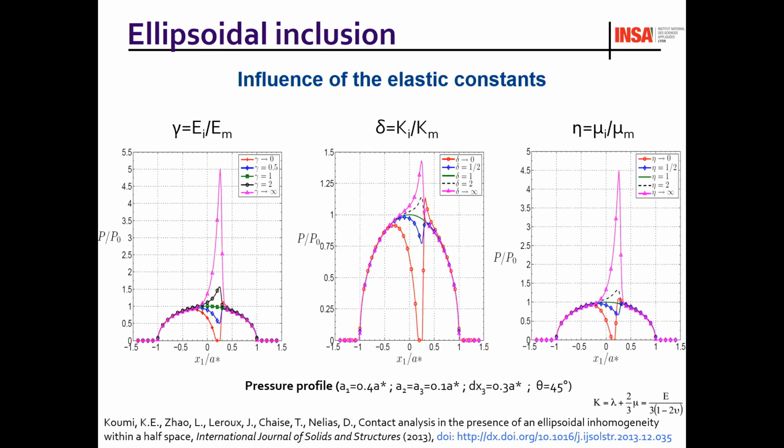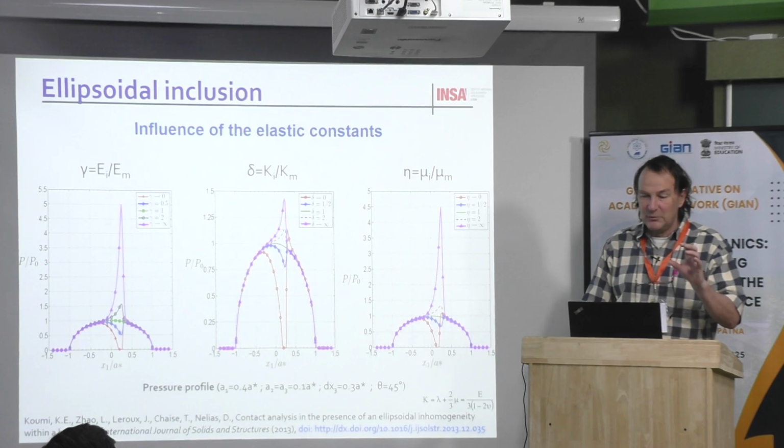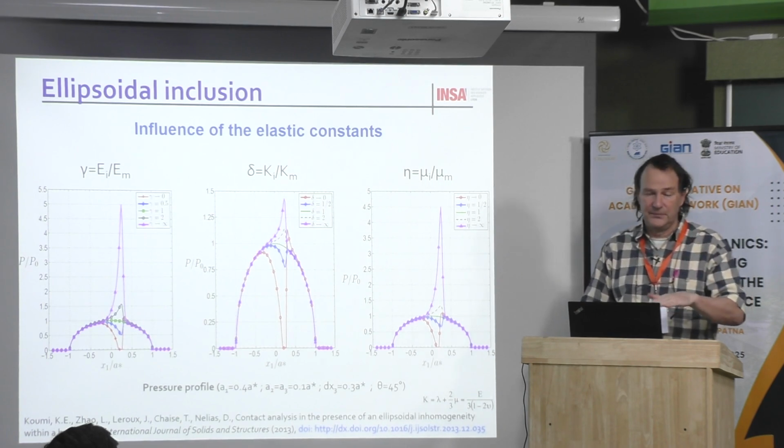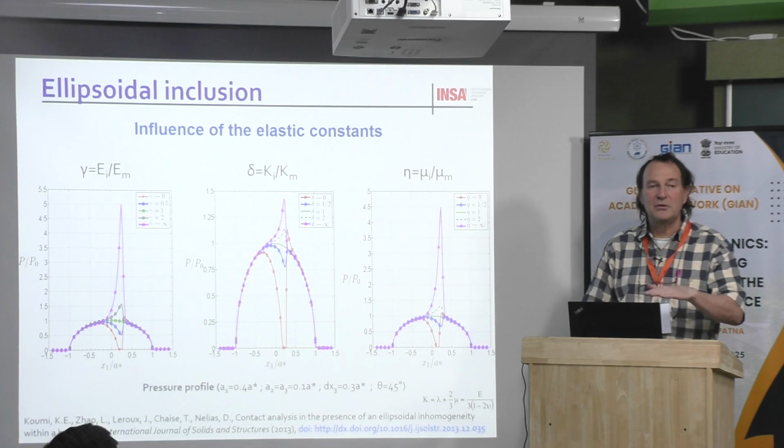To resume what I said before, there are a few things to remember. The inclusions have almost no effect on the contact pressure distribution if they are far away from the surface, let's say 1 or 2 times the contact radius. This is the first thing.